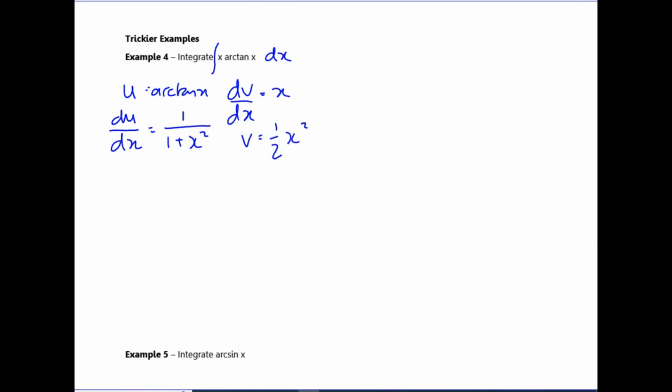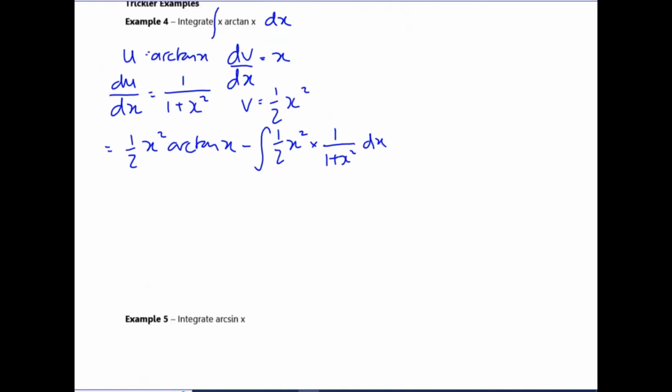Integrating x integrates to a half x squared, and then we can substitute this into our integration by parts formula. That's u times v, so half x squared arctan x minus the integral of v times du by dx. Now this here, I can factorize the half up to the front.